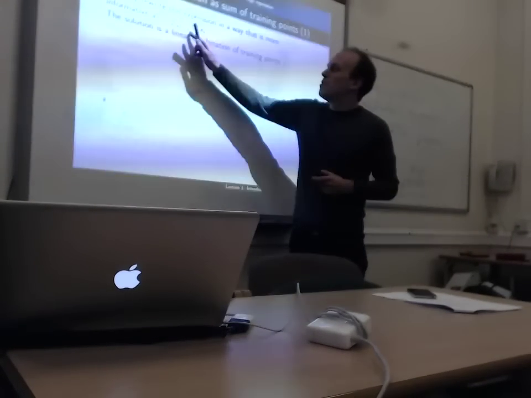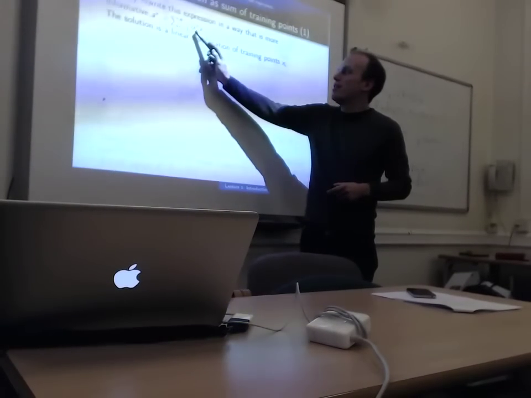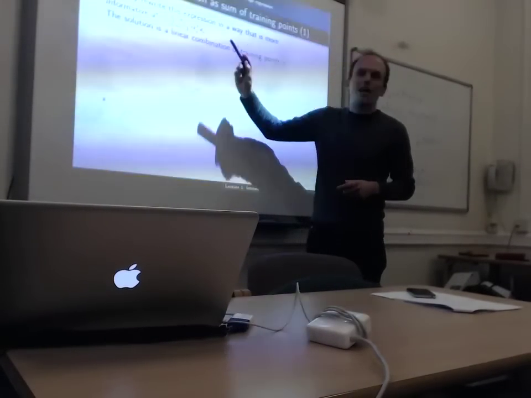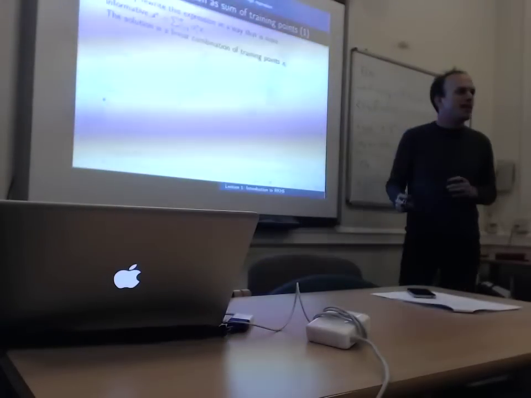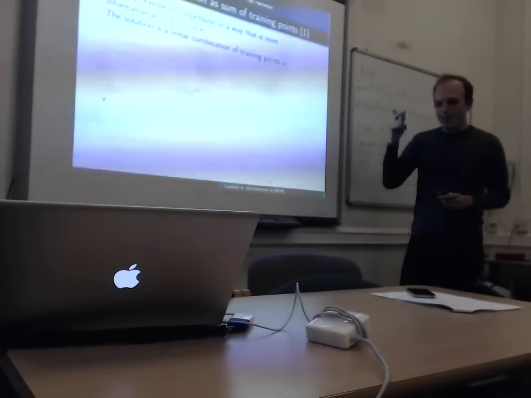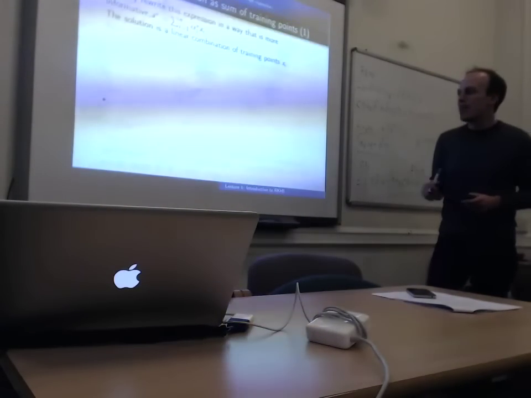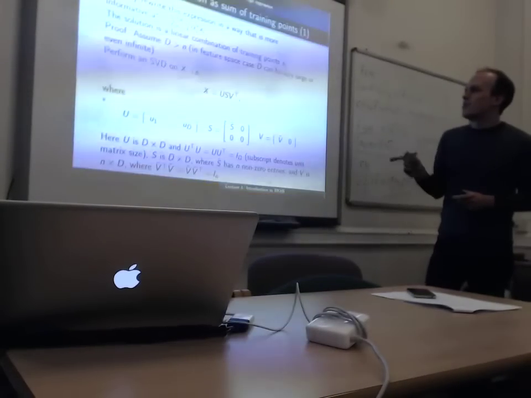What I want my answer to be in is this kind of form here, where I've taken a linear combination of some set of weights times my training x's, okay? So how do I get my solution in this form? Okay, so here is where things will get slightly tricky, but not too tricky.